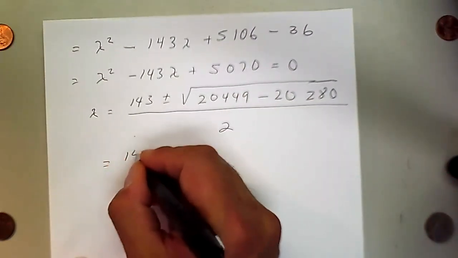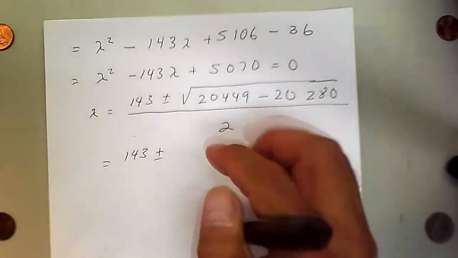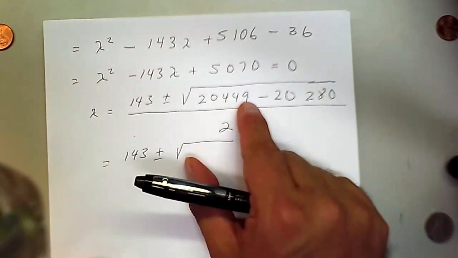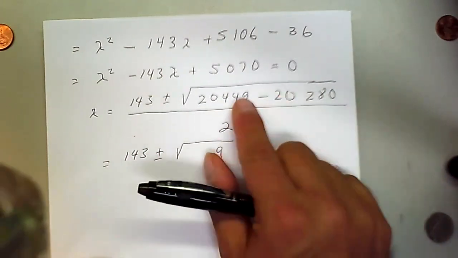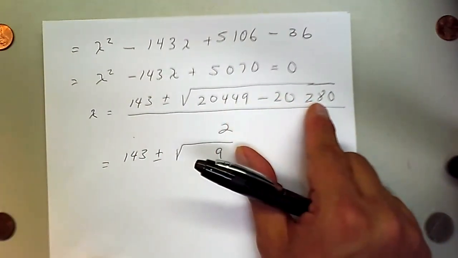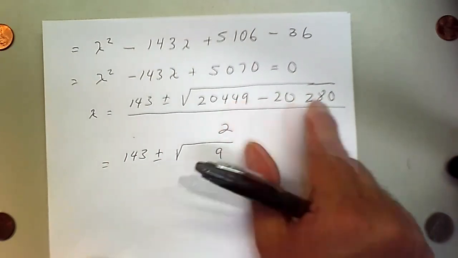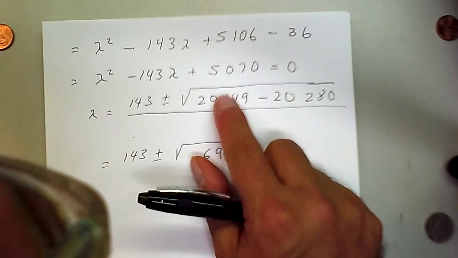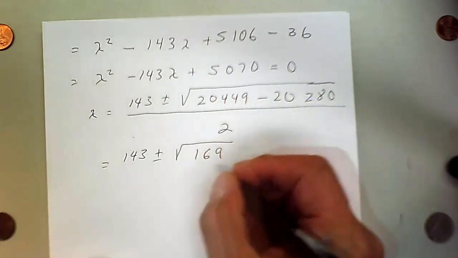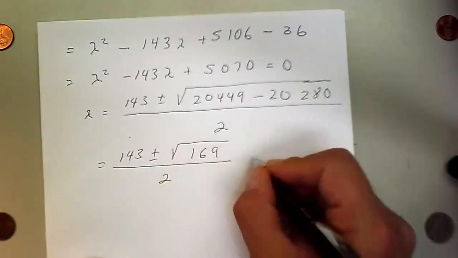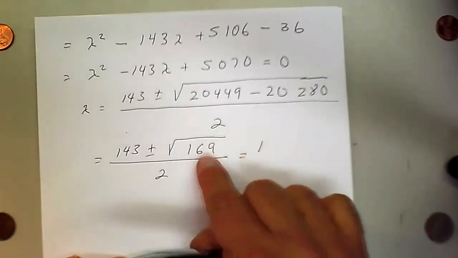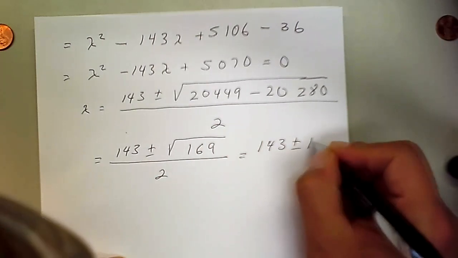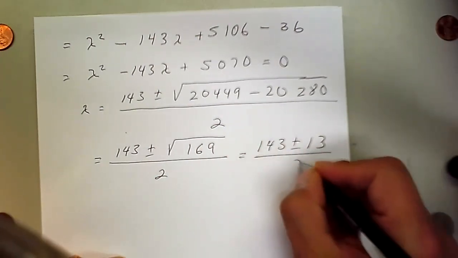So that is 143 plus or minus the square root of 169, all over 2. And that is one of my favorite numbers, 13. 143 plus or minus 13, divided by 2.